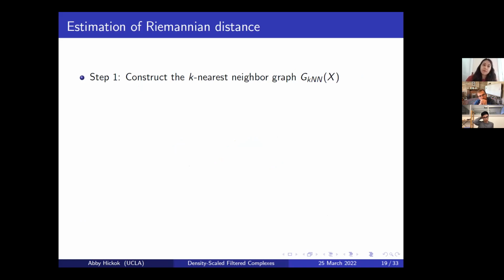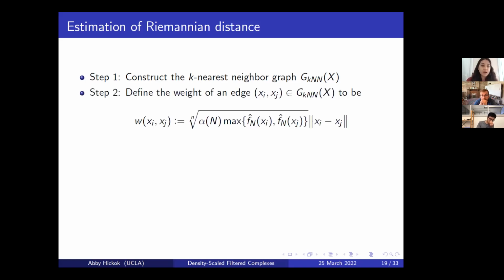And the second step of this implementation is to estimate these pairwise Riemannian distances. The way I've been doing this is more or less the same way that Isomap does it. Isomap is a nonlinear dimension reduction algorithm. The first step is to construct a k-nearest neighbor graph on the points in the point cloud. The second step is we define this to be a weighted graph.